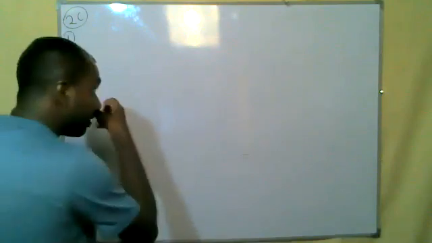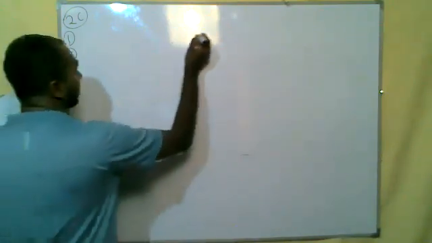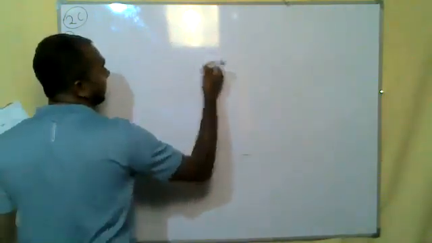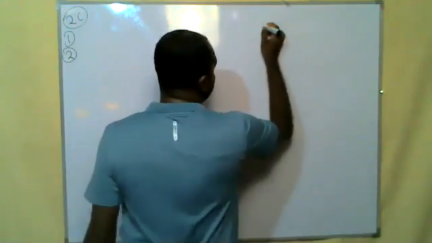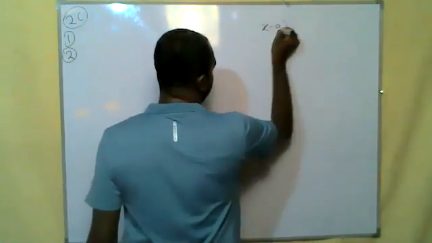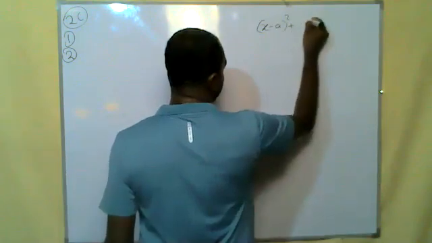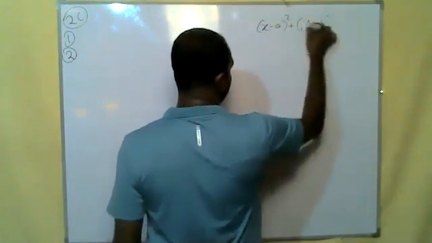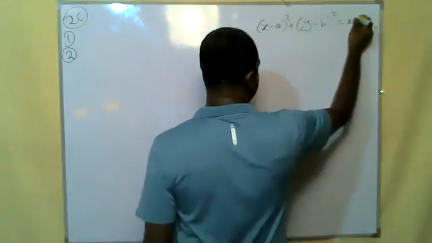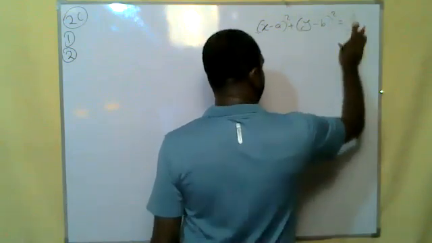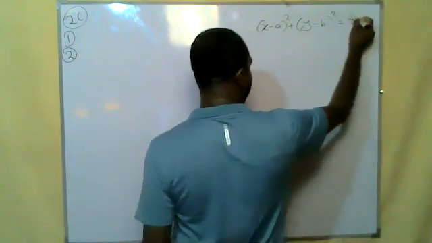So you have to get yourself very much familiar with this equation. What is our standard format? Let's keep it here. So you can write (x minus a) to the power 2 plus (y minus b) to the power 2 equals r to the power 2. Okay, this is the standard format.